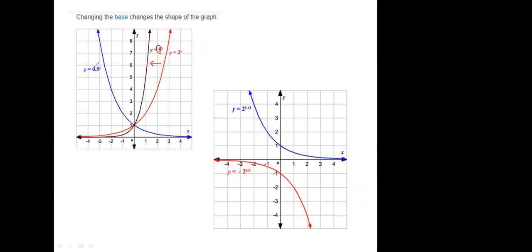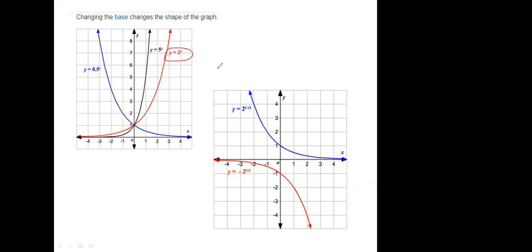If it's between 0 and 1, it will be the opposite direction, as you can see here. And here we just talk about the degree x, when the degree is just x, without added numbers.